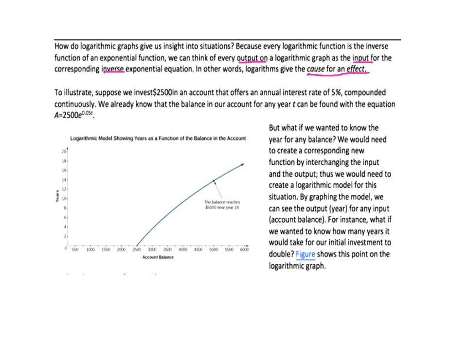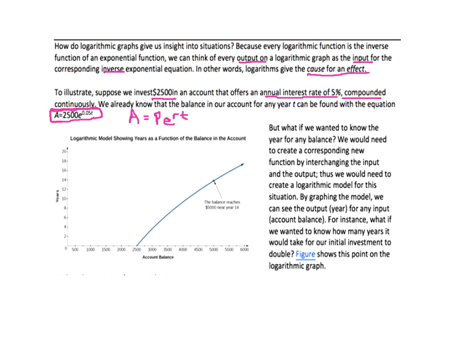Suppose we invest $2,500 in an account that offers an annual interest rate of 5%, compounded continuously. I'll remind you that this equation is modeled from the PERT formula, A equals P times e raised to the rt, which is used for continuously compounded interest.